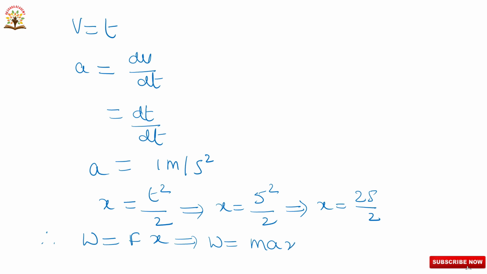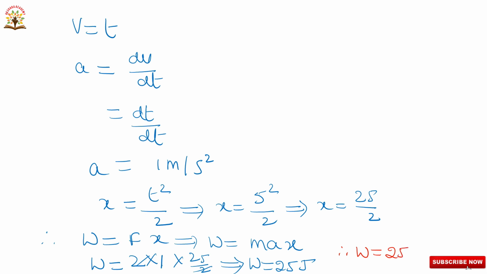From Newton's second law of motion, F = ma, so W = ma·x. Substituting values, m is 2 and a is 1, times x = 25/2. The 2 cancels, so work done is 25 joules. This is our final answer.